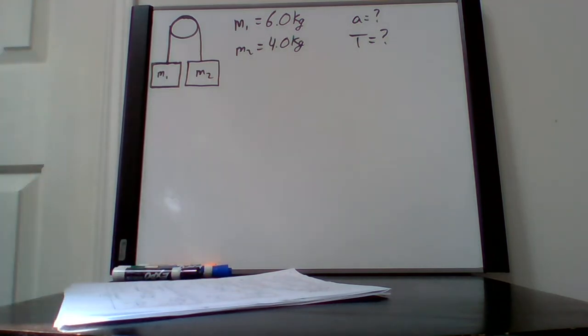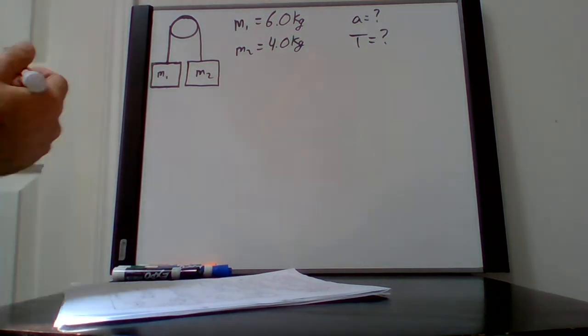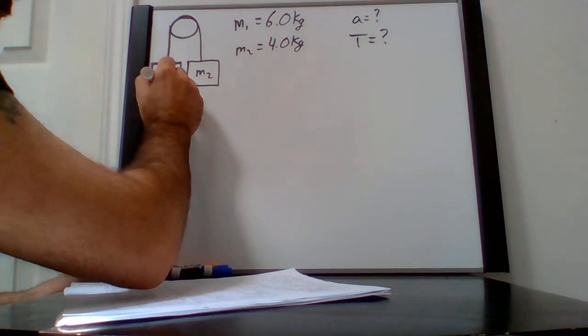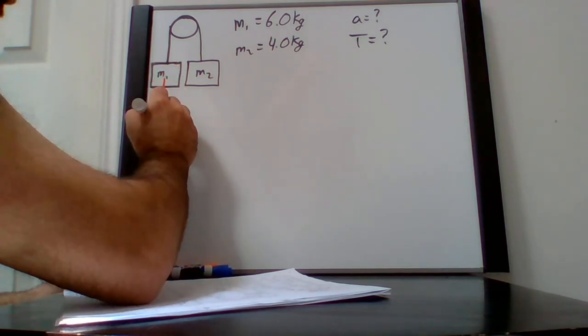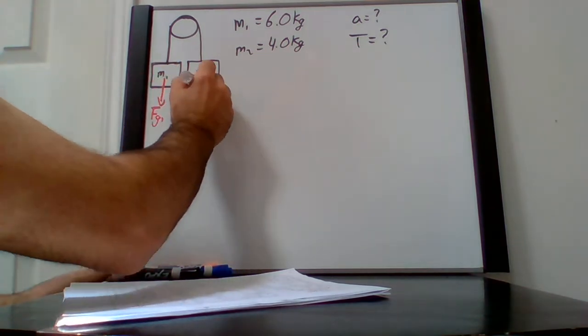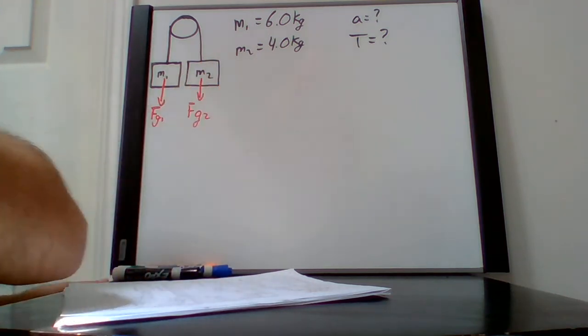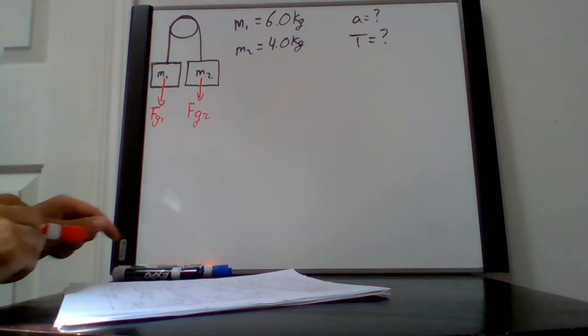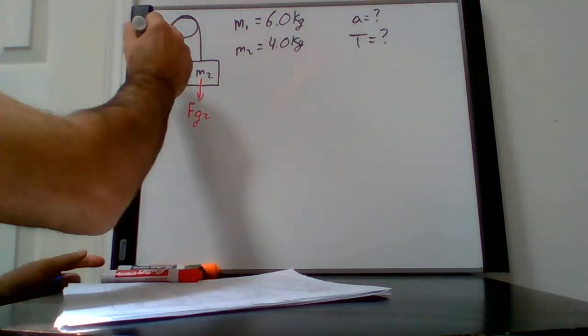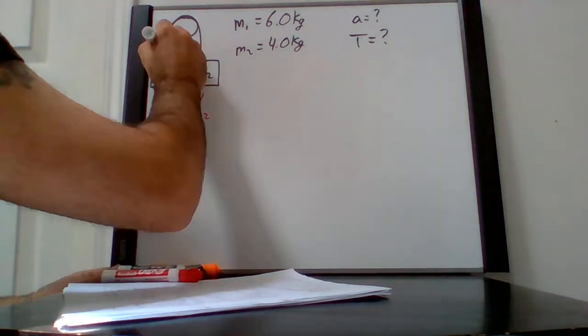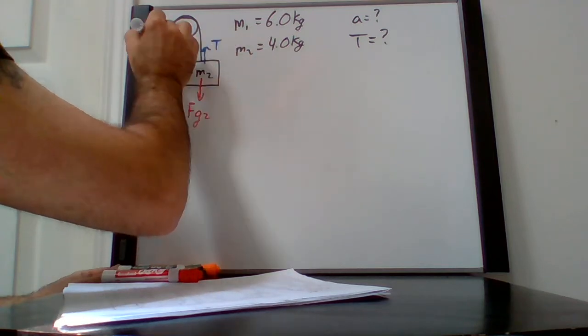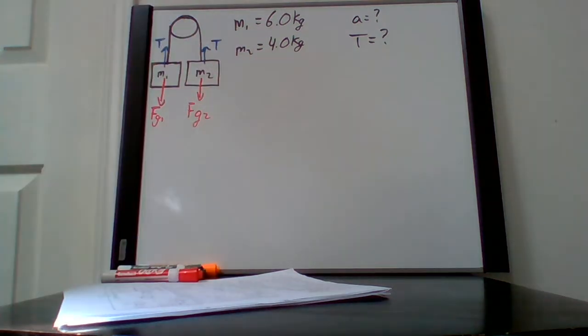Okay, so first off, let's draw our free body diagram. We have Fg1, and here we have Fg2. Right, gravity is pulling both of those down, and then for both of these situations, we also have that tension pulling upwards.